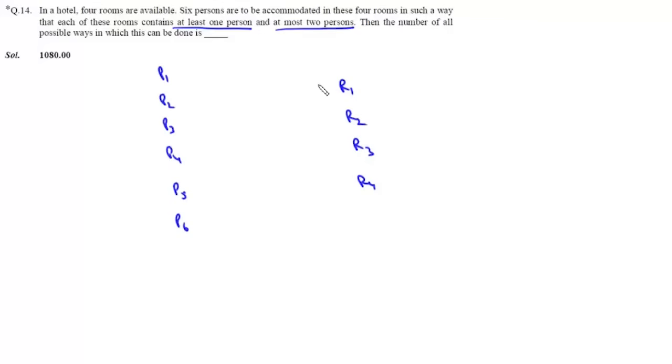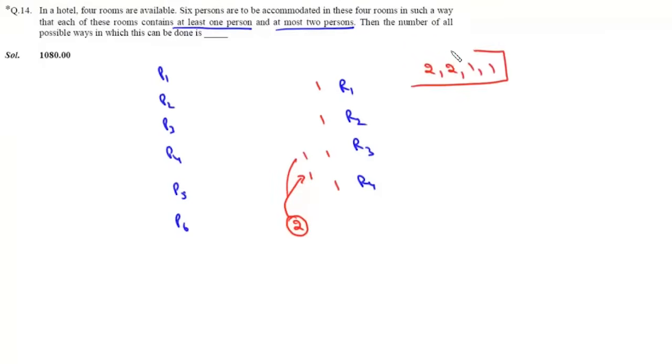Now for these 4 rooms, if we assign 1 person each, then we are left with 2 people. Now these 2 people are to be assigned in these rooms. Any room cannot have more than 2 people, so they'll be assigned 1 and 1 in 2 rooms. So now we have 2, 2, 1 and 1.